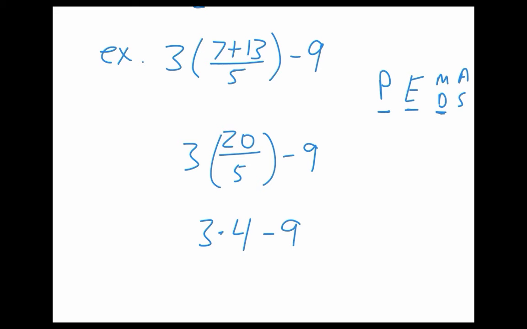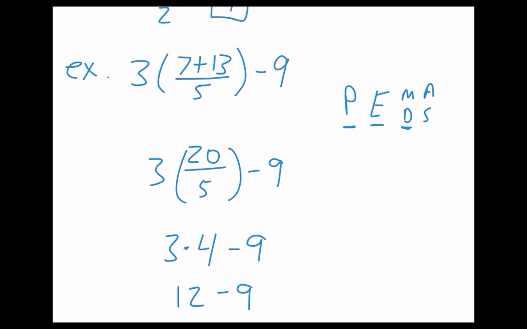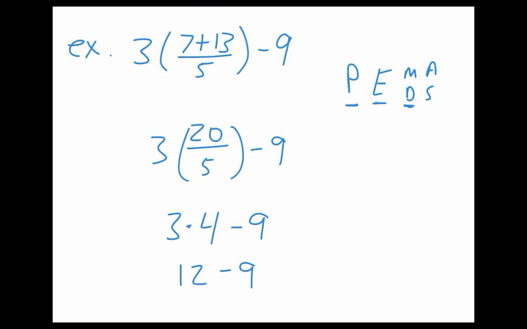So now we do multiplication and division next. So Tyler, what does that give us? 12. Perfect. Then minus 9. 12 minus 9. Once we're done with that multiplication step, now we finally do our addition and subtraction. We're on this step right there. And 12 minus 9 gives us 3. So final answer would be 3.